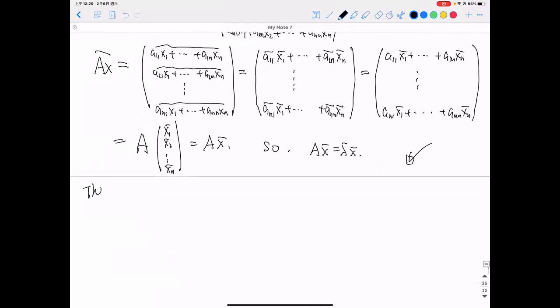Now, the next theorem says the following.